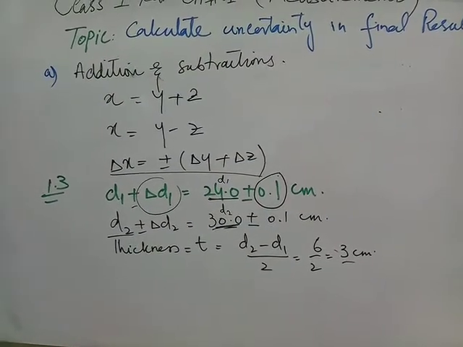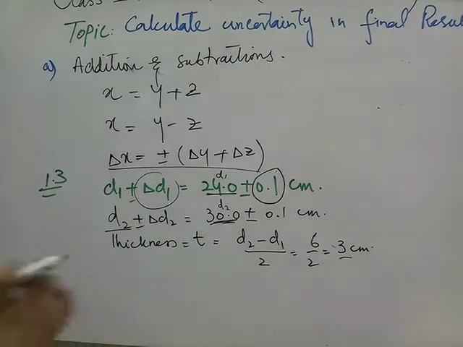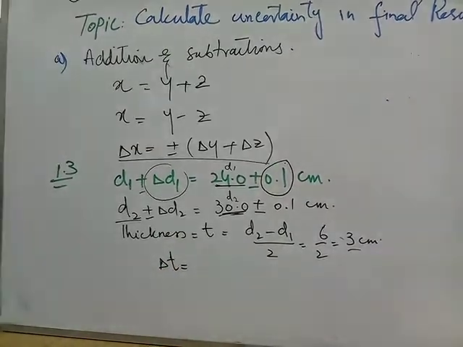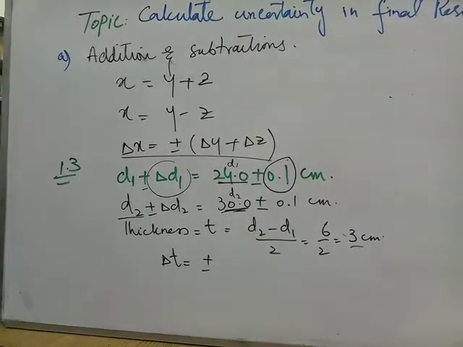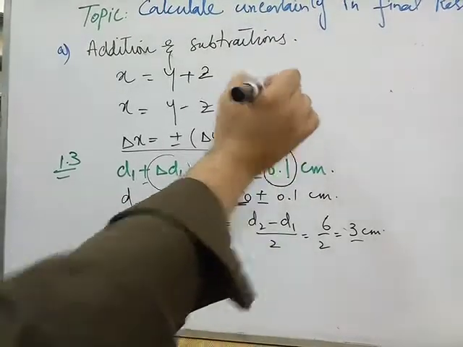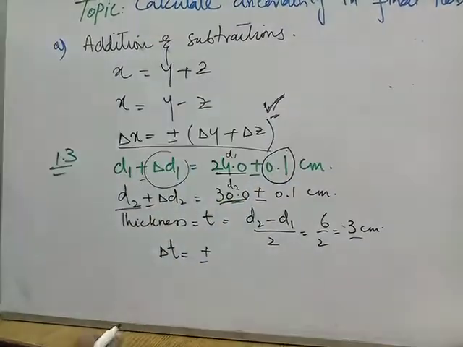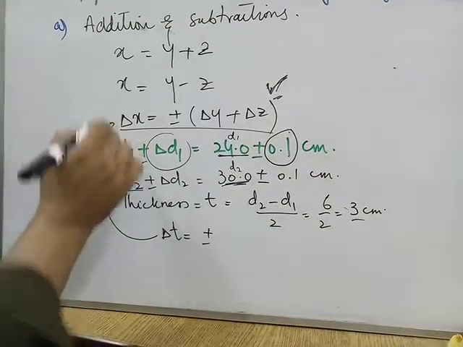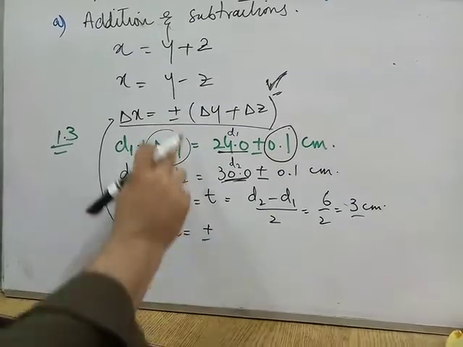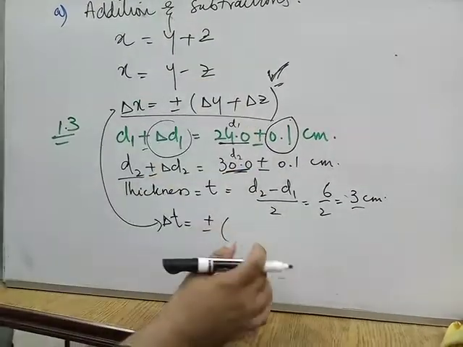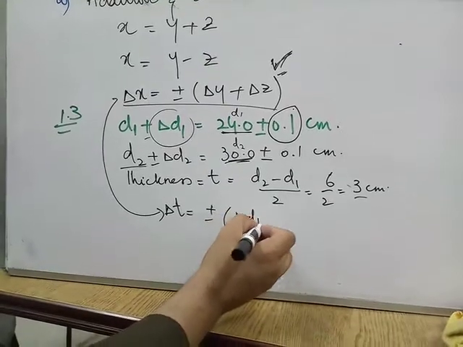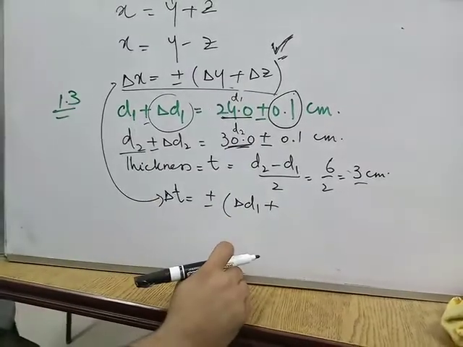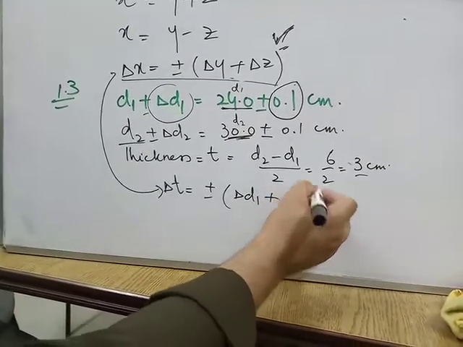Now we are going to find the uncertainty in the thickness, which is denoted by delta t, and the answer for this is plus or minus. We can use this formula, where delta x means the change or uncertainty in the final result. So delta t is equal to plus or minus delta d1 plus delta d2.